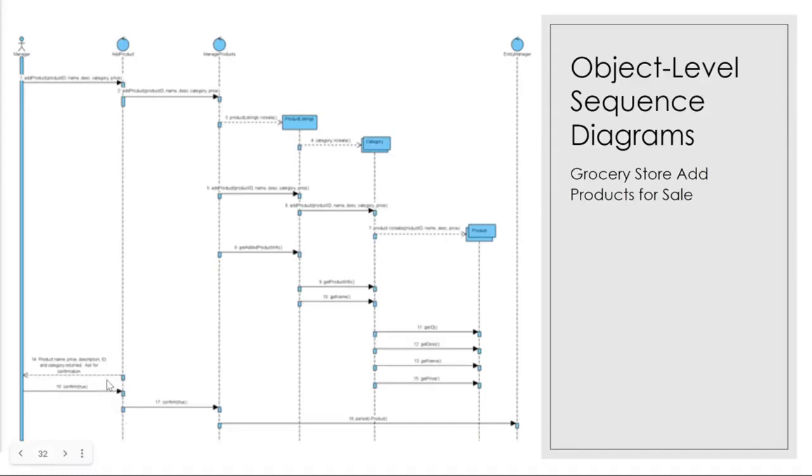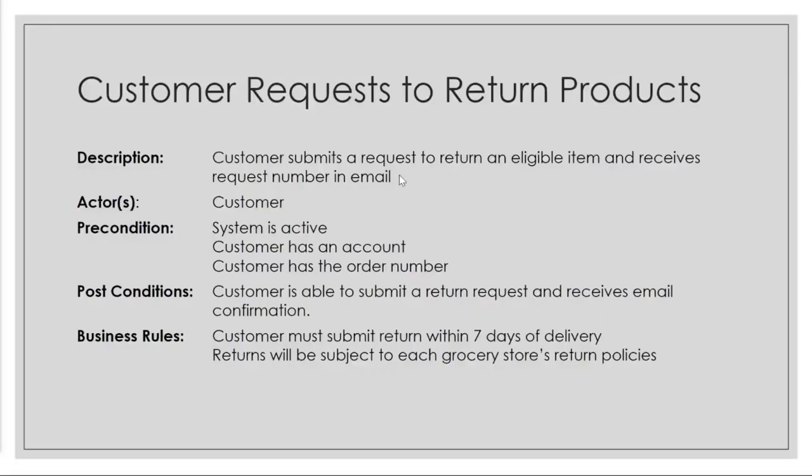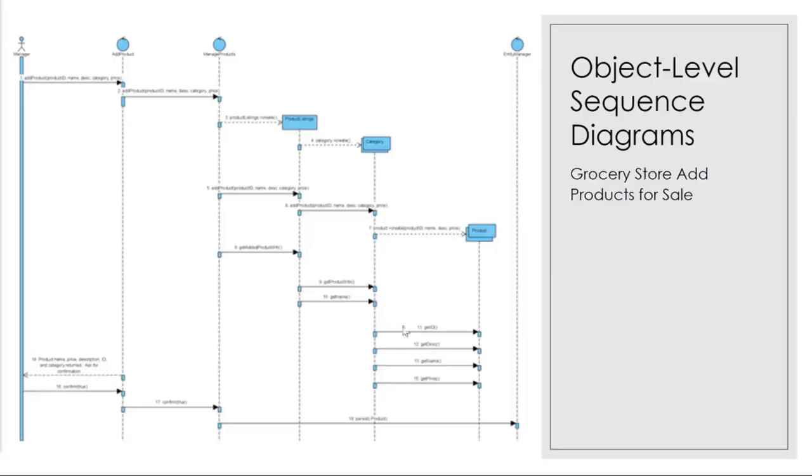And then once the user confirms, the manage products control will persist all the products into the entity manager. And so that's it for my two use cases. Next it will be Cindy presenting her use cases for returning products in the system.